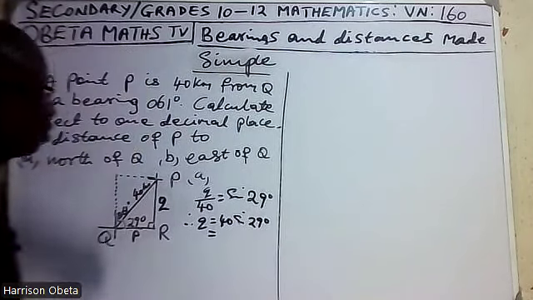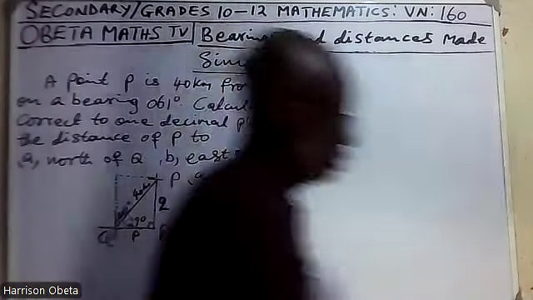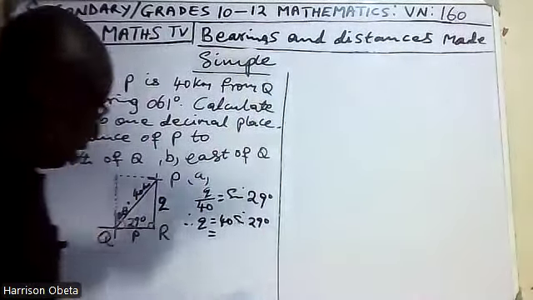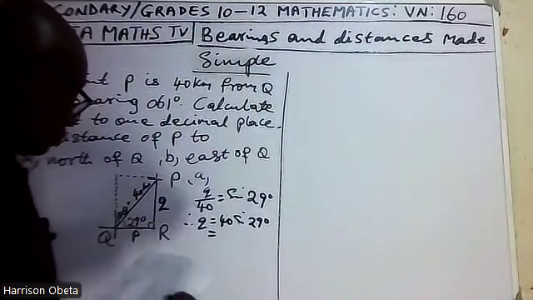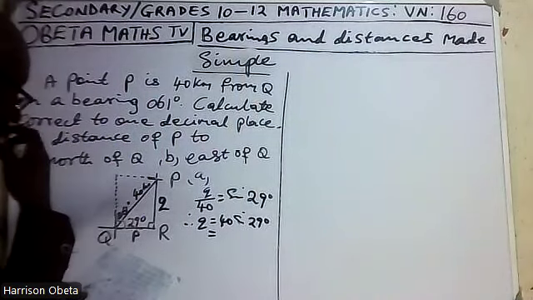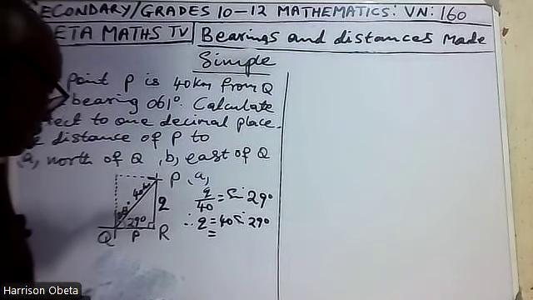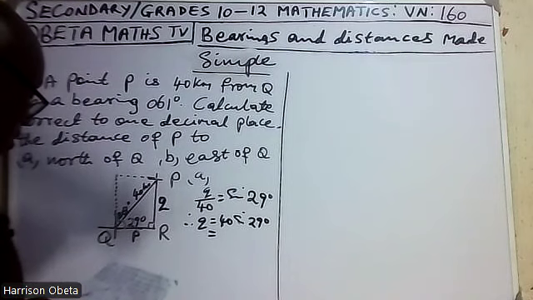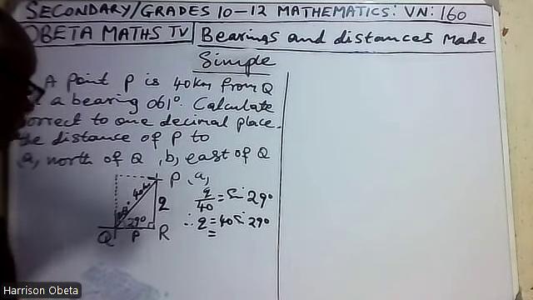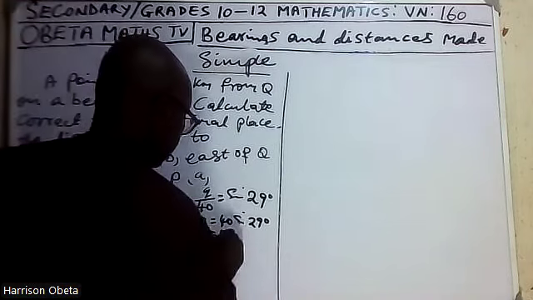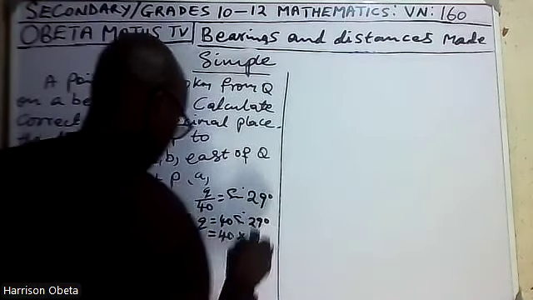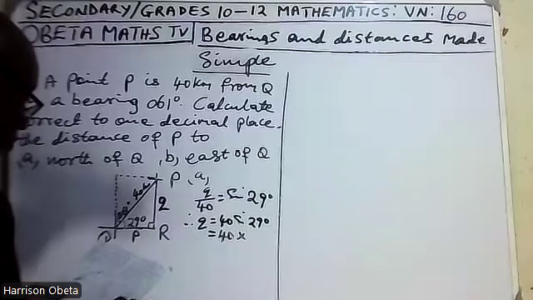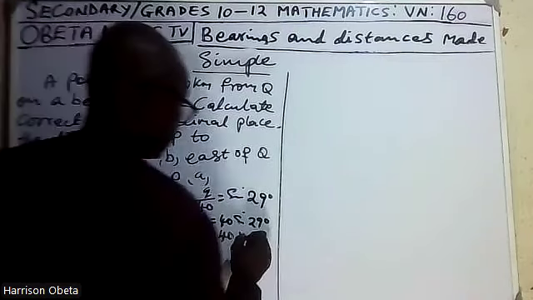And that is equal to, check your calculator to get the value. That will give us 40 multiplied by 0.4848.